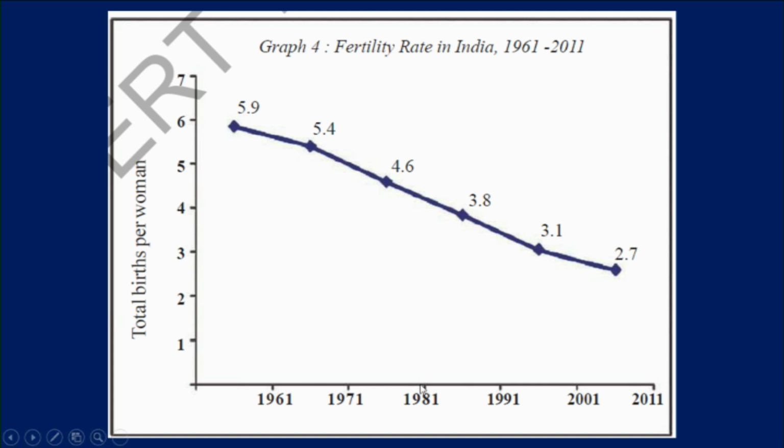You can see that by 1981 it has come down to 3.8. In the same way, in 2001 we can see 2.7. It is going on decreasing. This is the reason why the population growth has started declining.